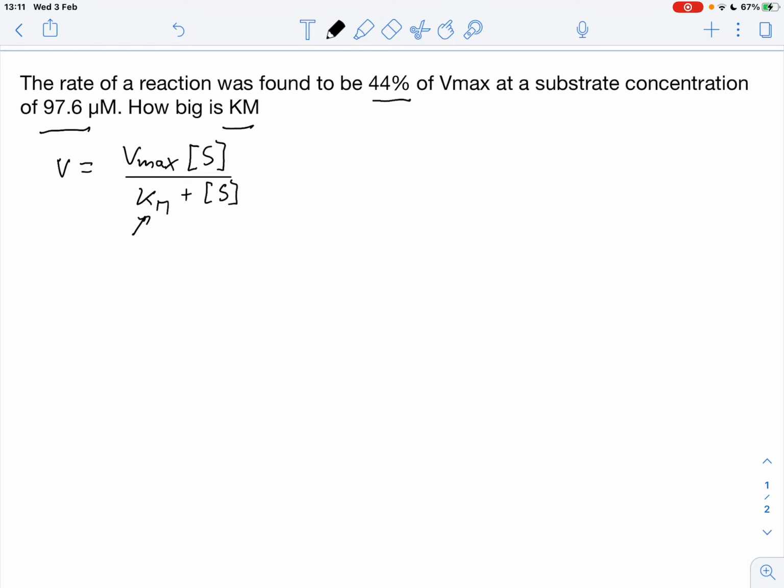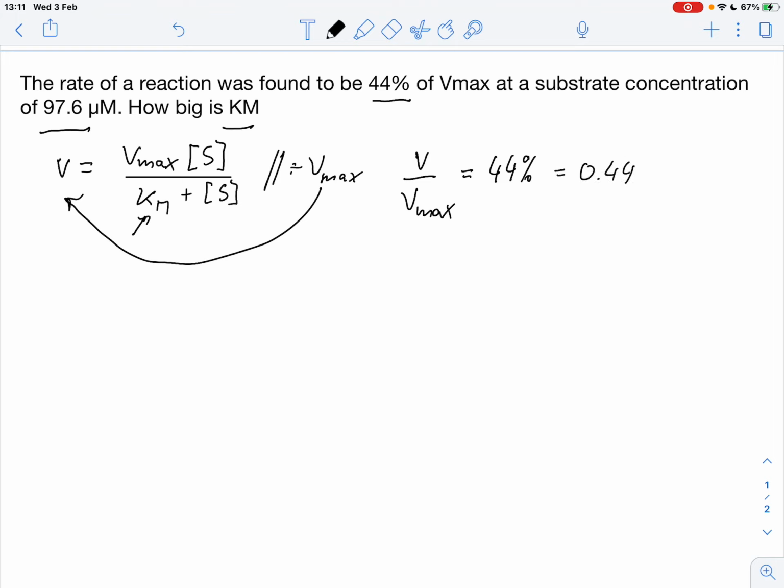So what can we do? First of all, we divide both sides by Vmax, because we actually know that this is a certain percentage. So we bring that to that side. We know that V over Vmax equals 44%, or we can also write this as 0.44.